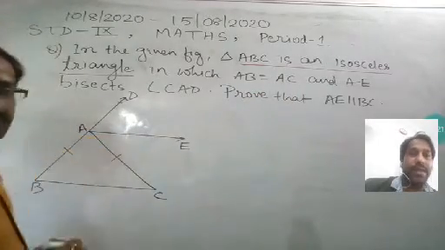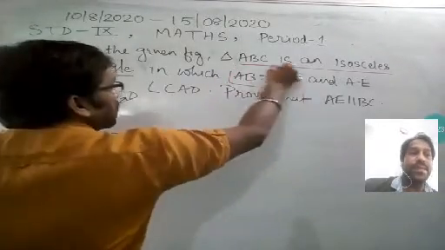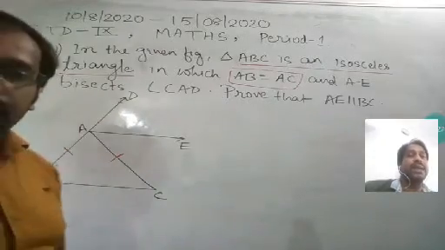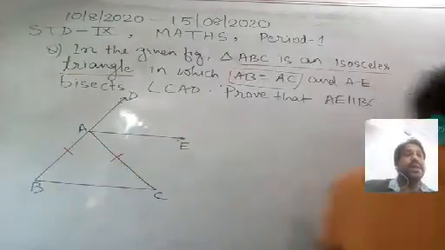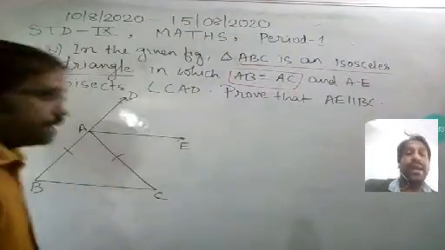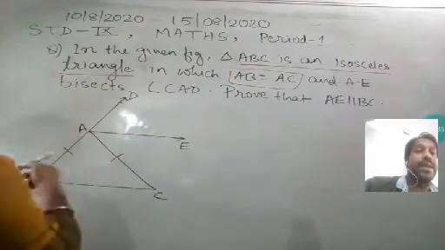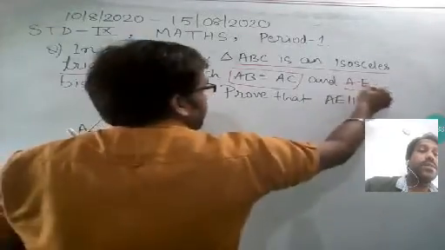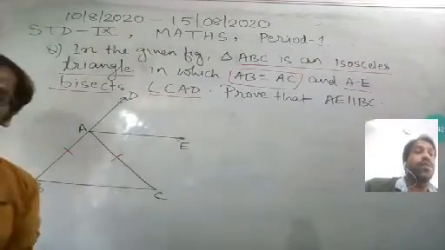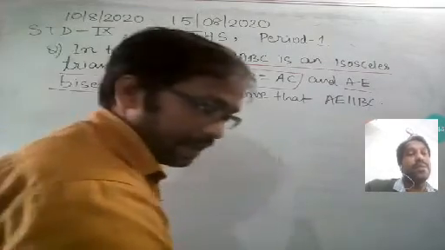See, this is isosceles, so I have written AB is equal to AC. It is already given. Then they are saying that AE bisects angle CAD. Where is my AE and where is my angle CAD? So this AE is bisecting angle CAD, and we have to prove that AE is parallel to BC.